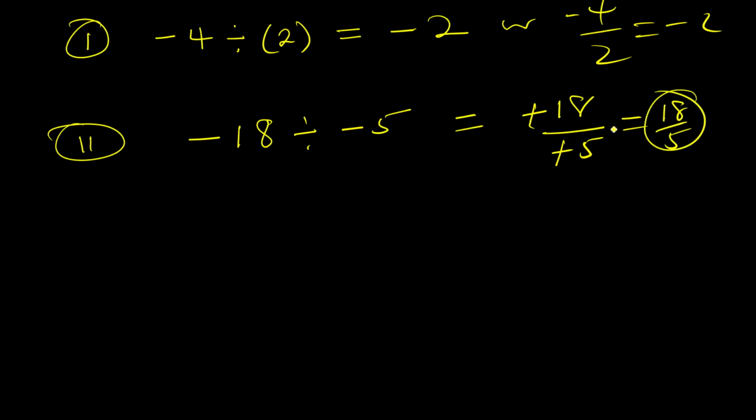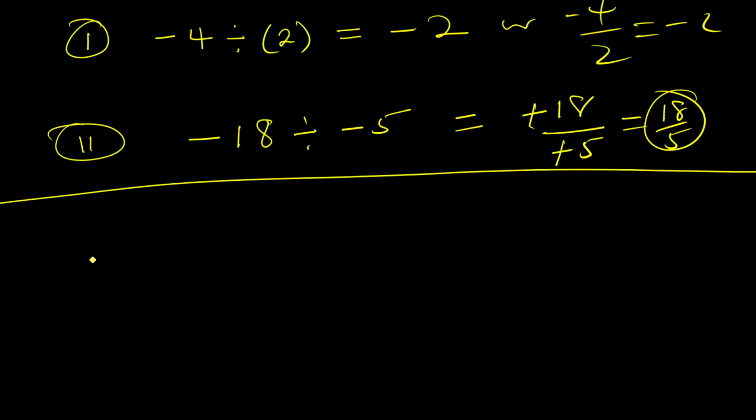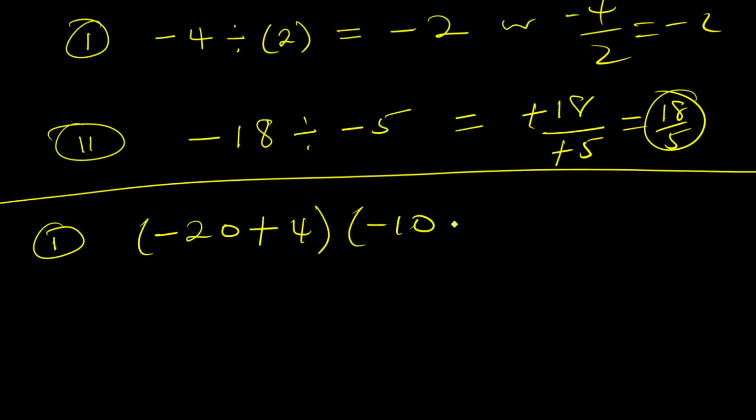Alright, so with this let's look at how to simplify some order of operations. The first one has to do with minus 20. We are going to apply the addition, multiplication and division, everything. So we have this times that.